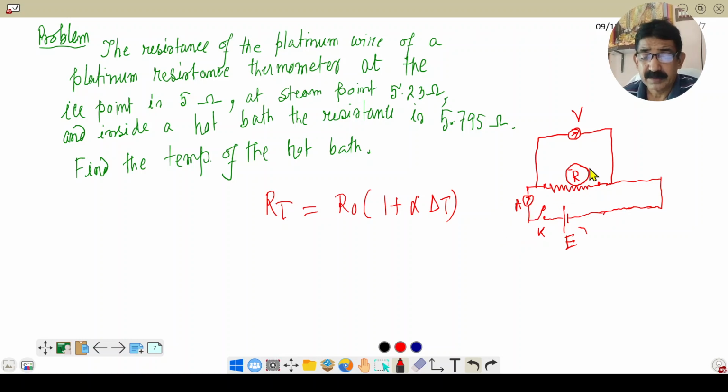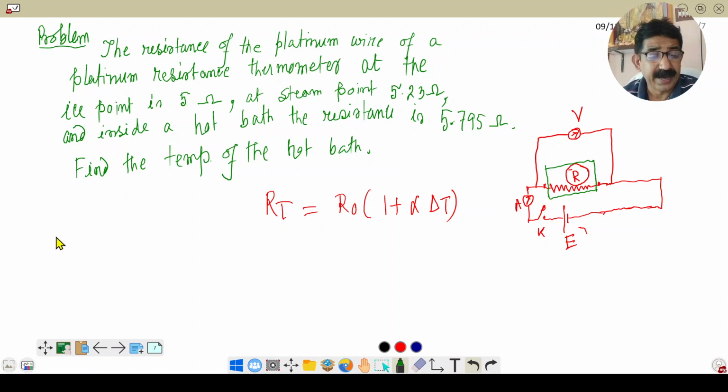Now, suppose this resistance is kept inside an ice chamber, meaning it is covered with ice. That is the resistance of the platinum resistance thermometer at ice point. Ice point means the whole chamber is filled with ice.